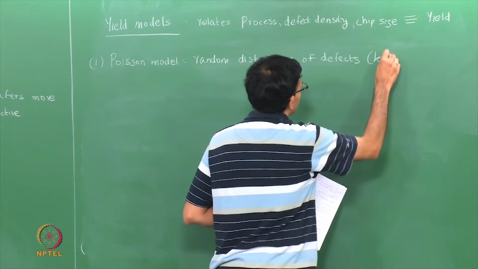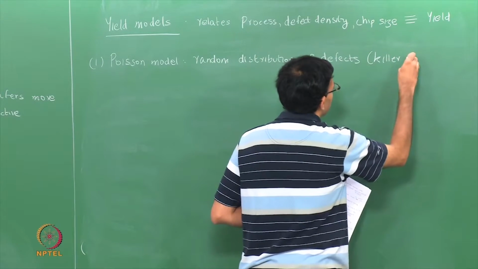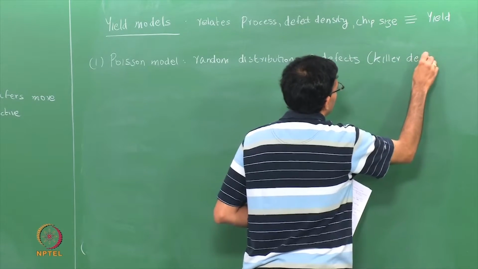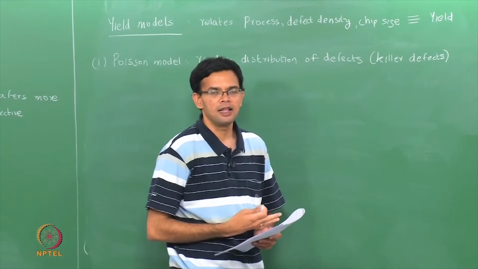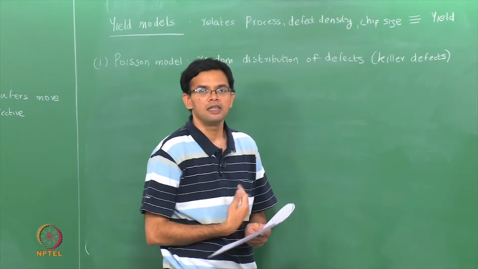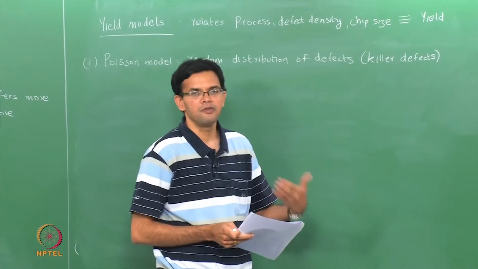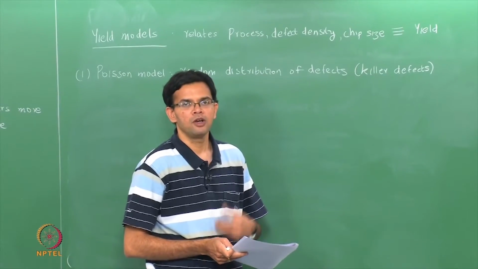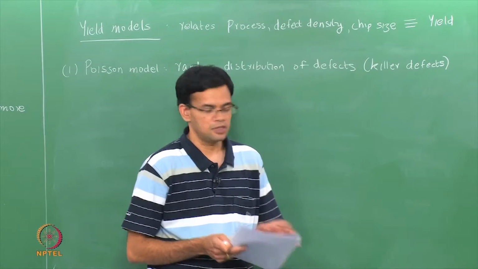So, defects that can essentially damage the chip and make the chip non-functioning. You can also have defects that are non-critical. Their density will be typically higher than the killer defects, but we will not focus on them because they do not affect the yield of the wafers.